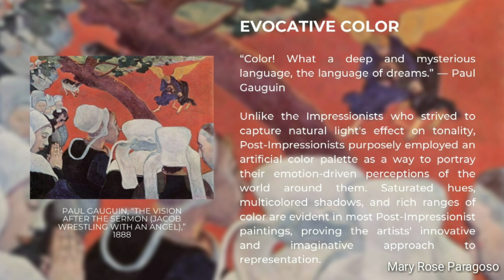Vision After the Sermon is an oil painting by French artist Paul Gauguin, completed in 1888. It depicts a scene from the Bible in which Jacob wrestles an angel. It depicts this indirectly through a vision that the women depicted see after a sermon in church.